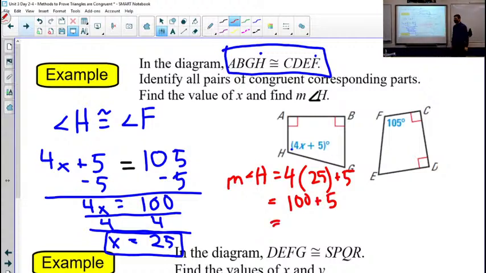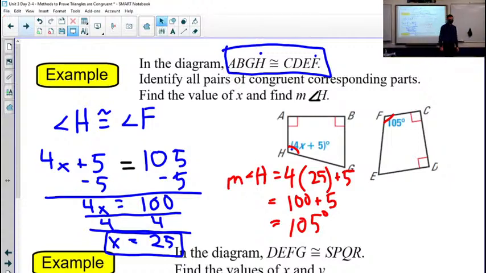And what should come as not a surprise, we get 105 degrees, which, oh my goodness, it's exactly the same as the 105 over here. That's how we know we're right. Because those should measure the same since we said they were congruent.